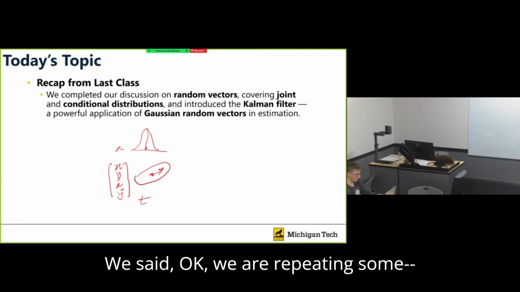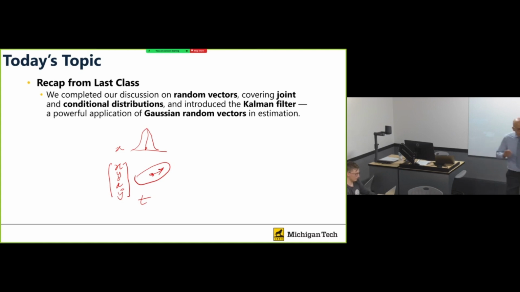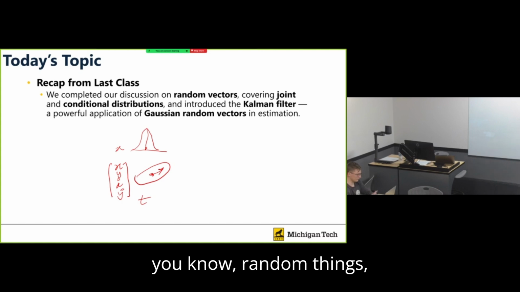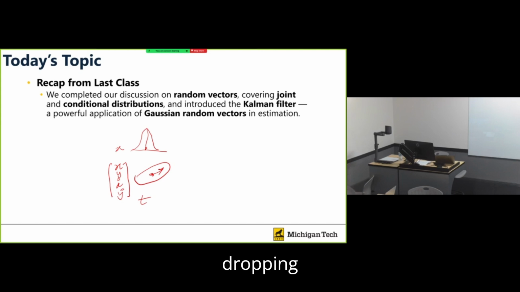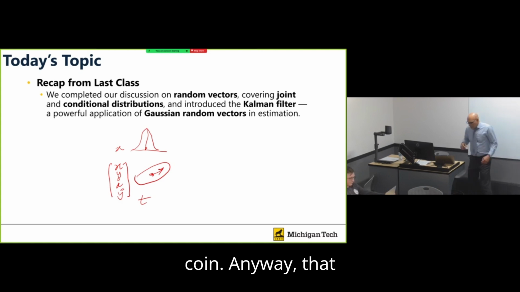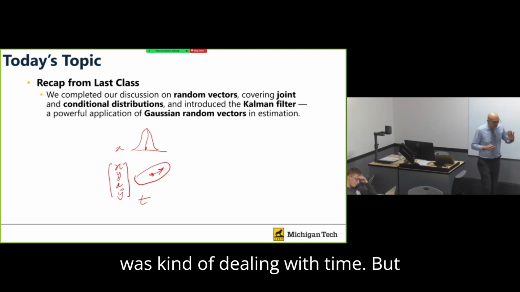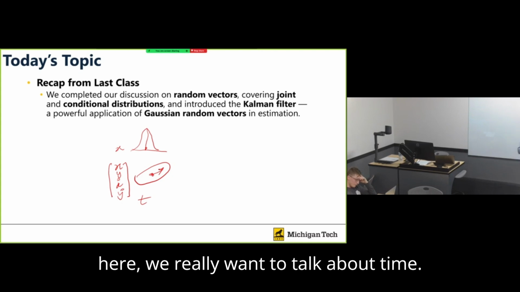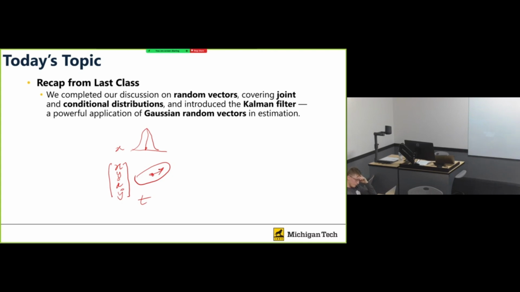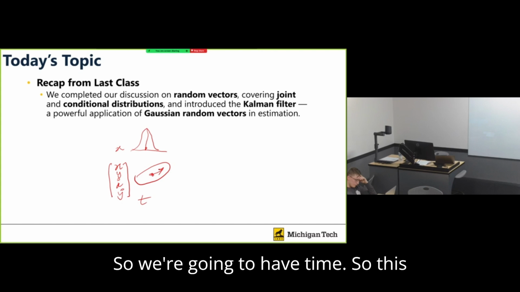We said we are repeating some random things multiple times, like dropping a coin. Anyway, that was kind of dealing with time, but here we really want to talk about time. So we're going to have time.